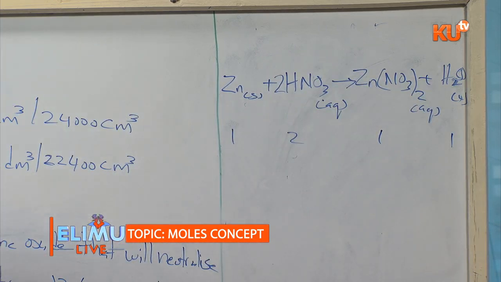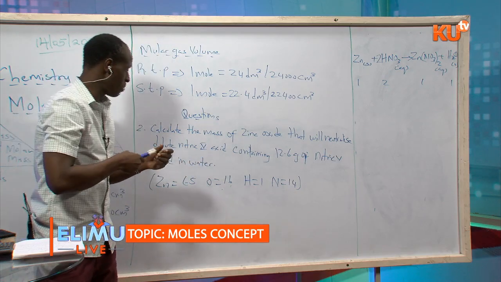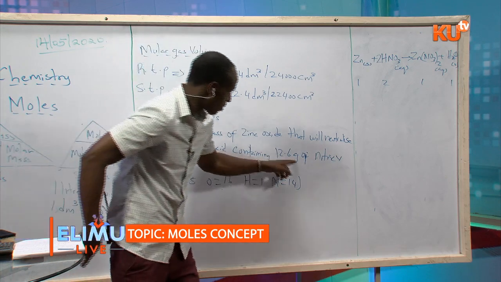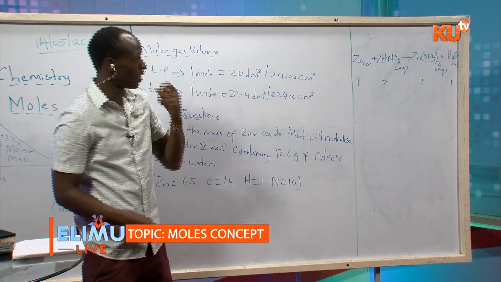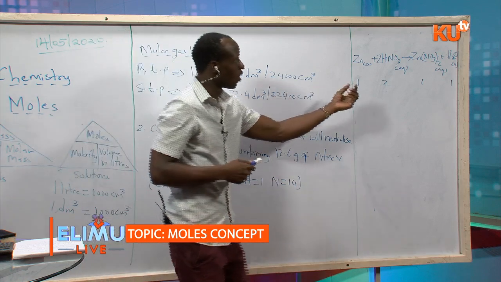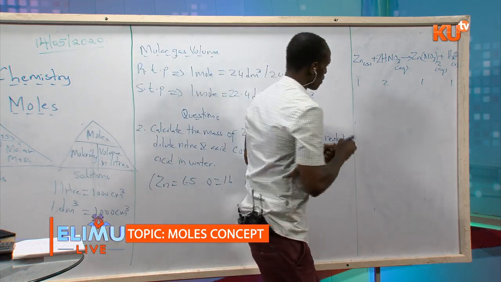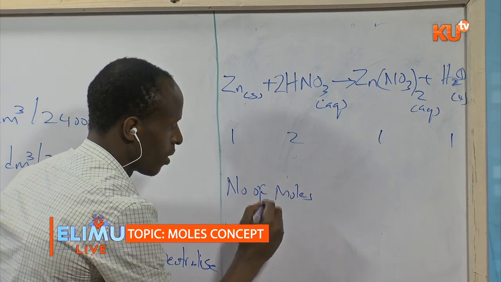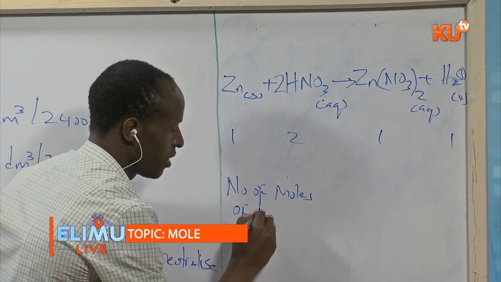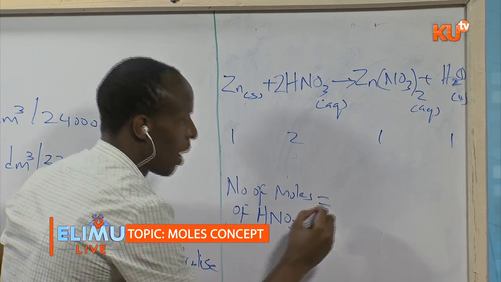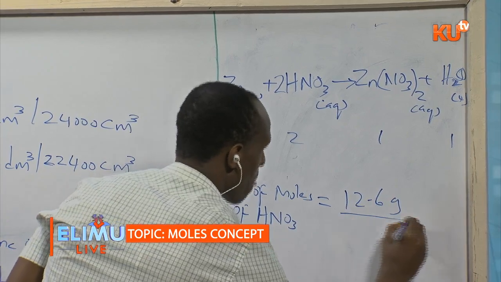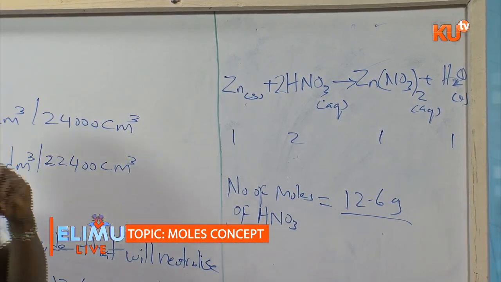Then the next step is to calculate the number of moles. Which compound will you be able to calculate its number of moles for? I have 12.6 grams of nitric acid, so I can calculate the number of moles of HNO3: mass over molar mass. So 12.6 grams, and for its molar mass you use the formula.